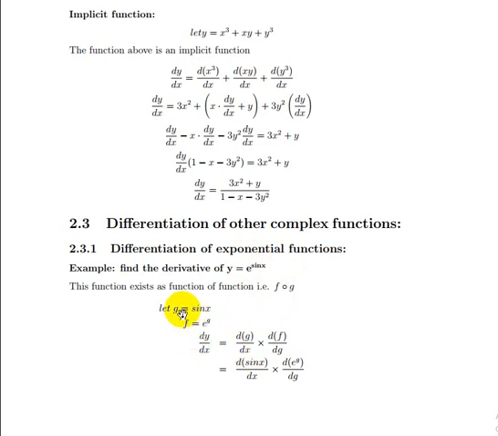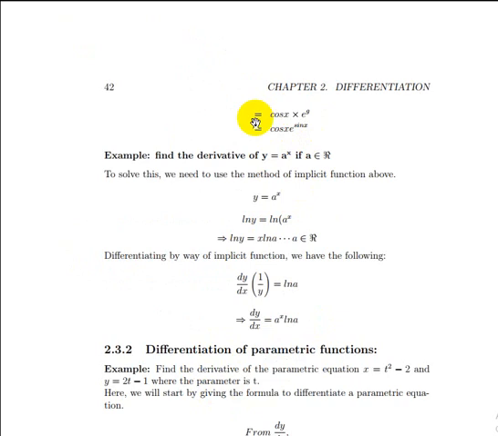So I'm going to have g equals sine x, f equals e raised to power g. I differentiate g with respect to x times I differentiate f with respect to g. So I'm going to have the differentiation of sine x, which is cos x, times the differentiation of e raised to power g with respect to g. I'm going to have e raised to power g still. So the answer will be cos x times e raised to power sine x. So the answer is given here.